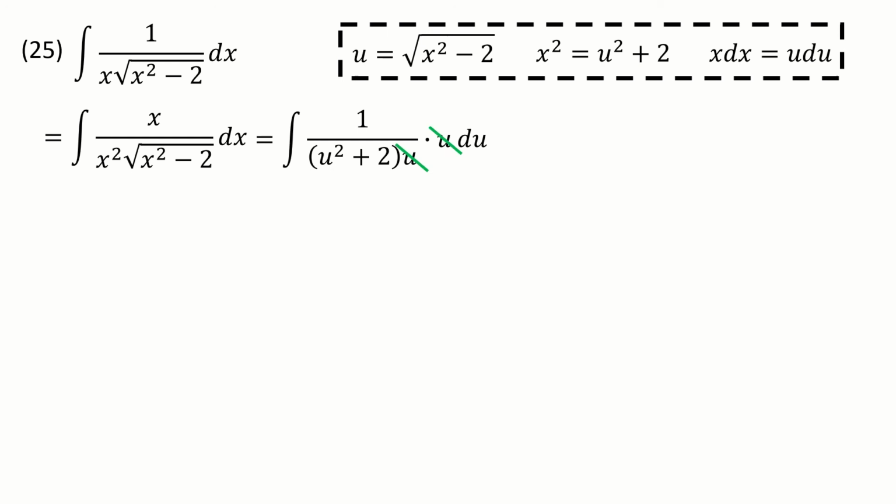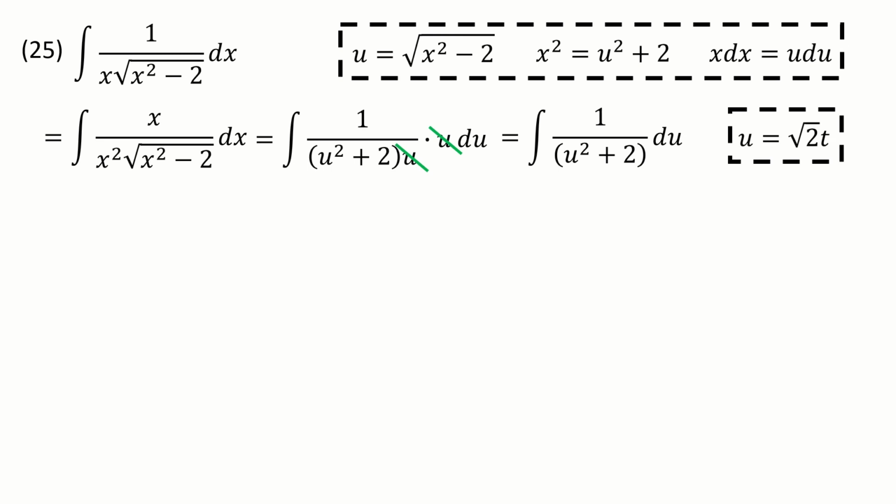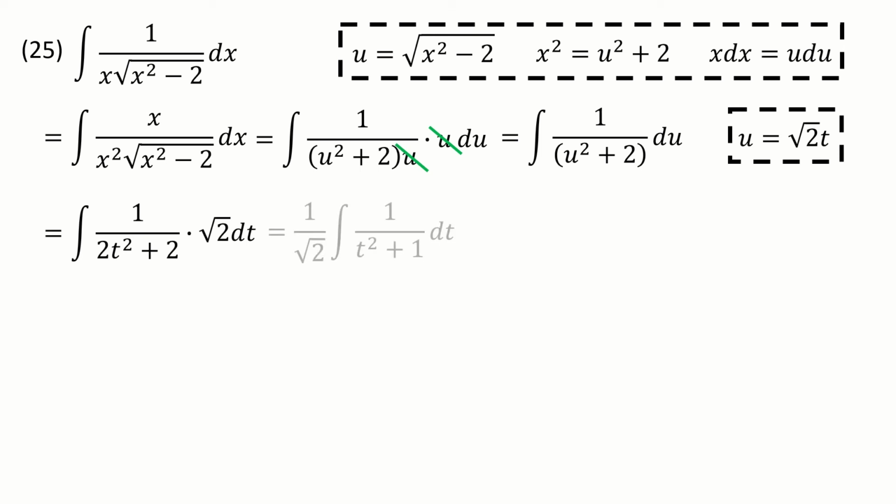And note that the u cancels out. And we got this integral with respect to u. And then we do another substitution here. Let u equal square root 2 times t. Plug in and we got here. Factor out the 1 over square root 2 and we got an integral with respect to t.